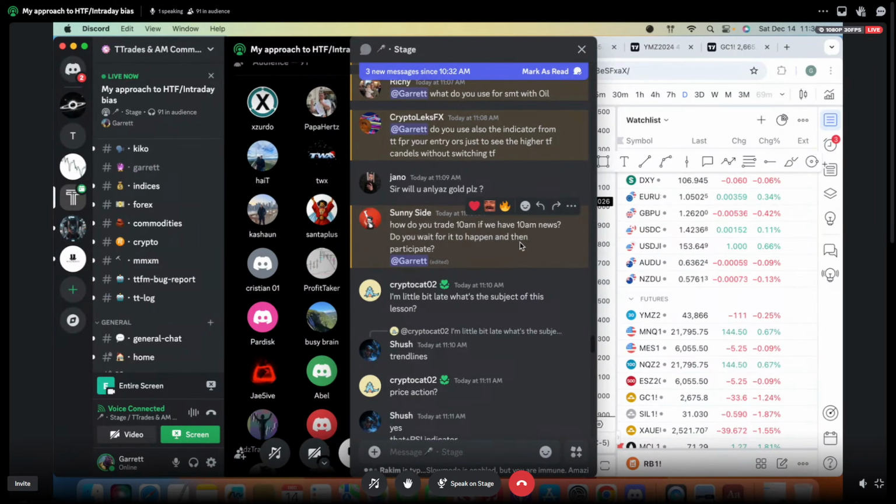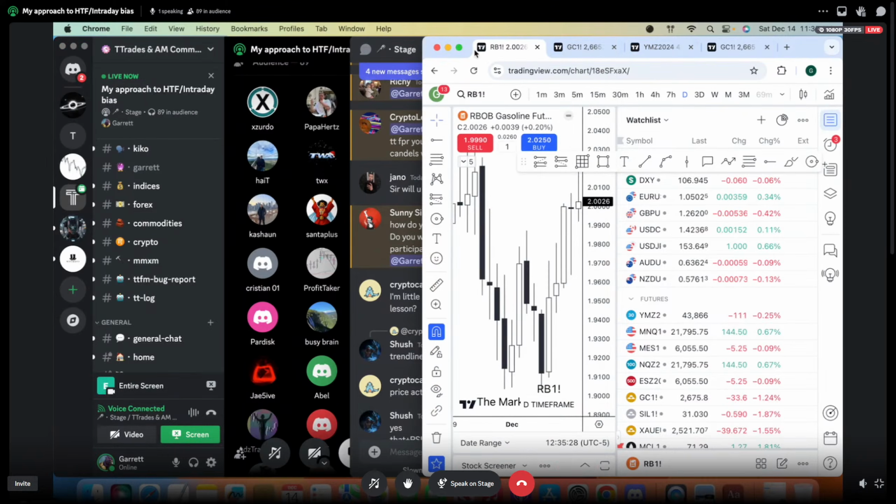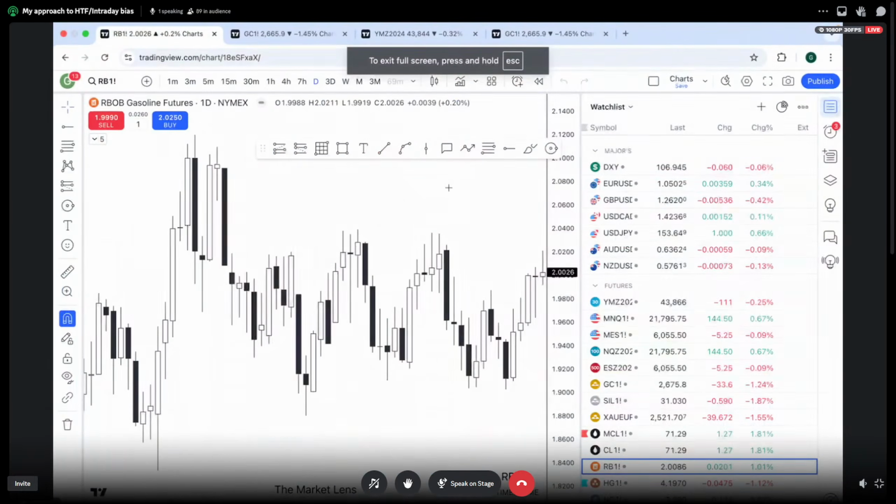If 6 a.m. didn't reverse but hit a key level, then 10 a.m. still has to reverse. And if 6 a.m. reversed, then the 10 a.m. high is going to form at some key level. It's like a propulsion block or something. It can look like this.